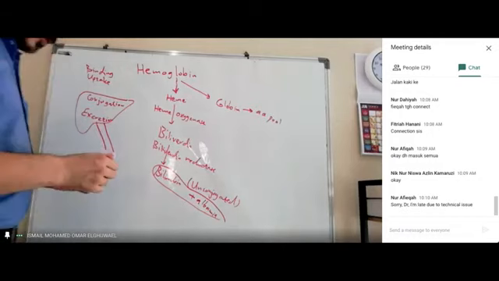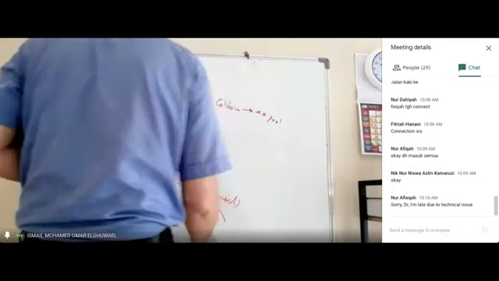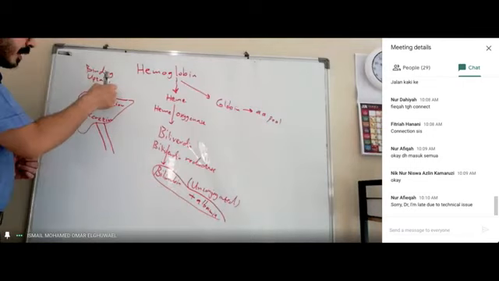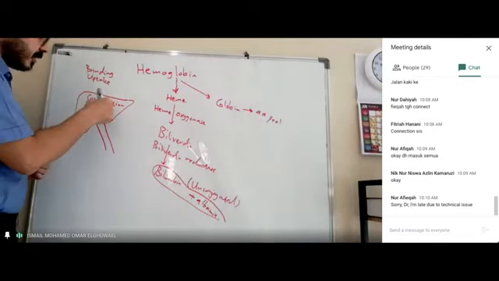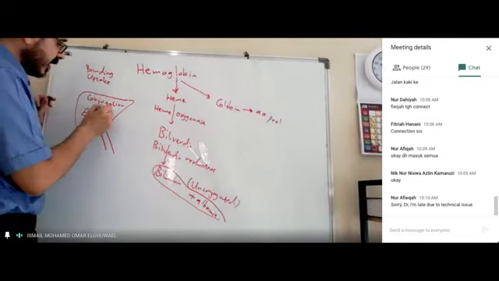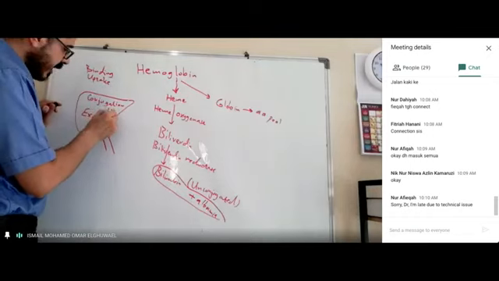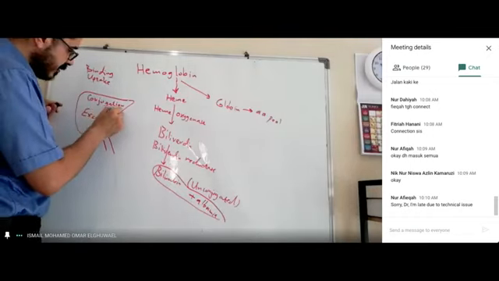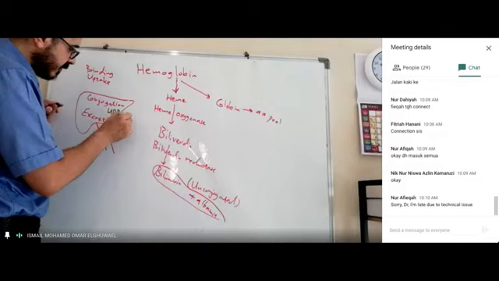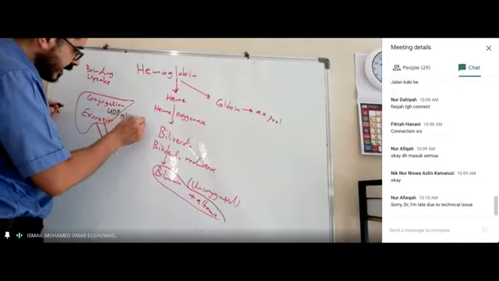So, binding to the receptors, uptake inside, conjugation with the enzyme uridine diphosphate glucuronide transferase.